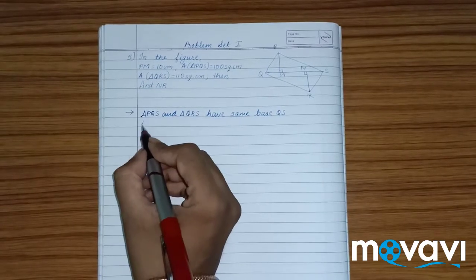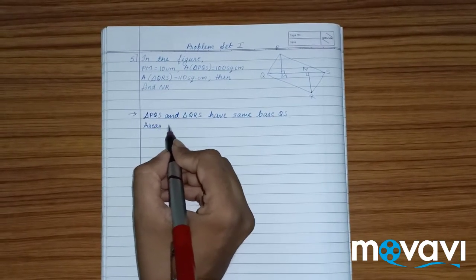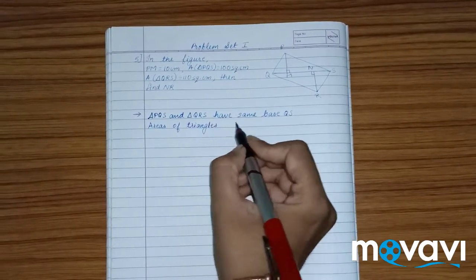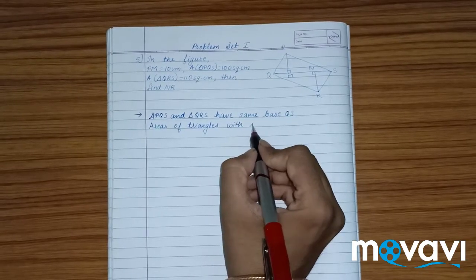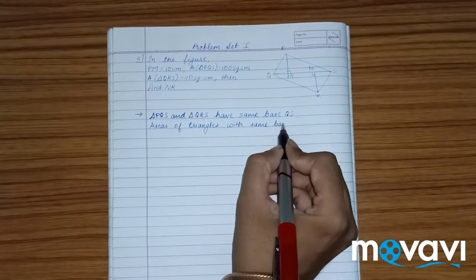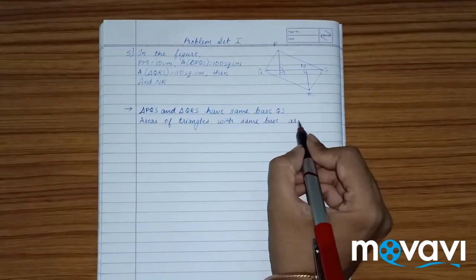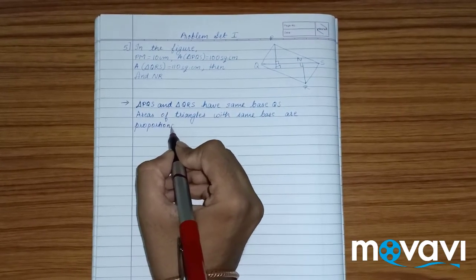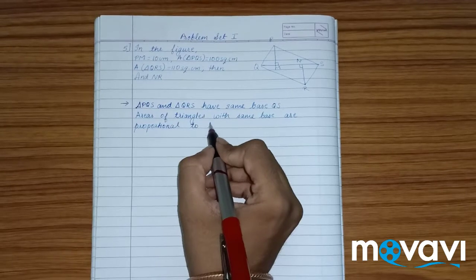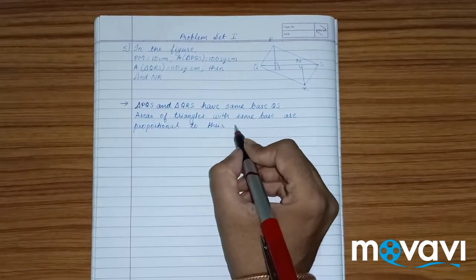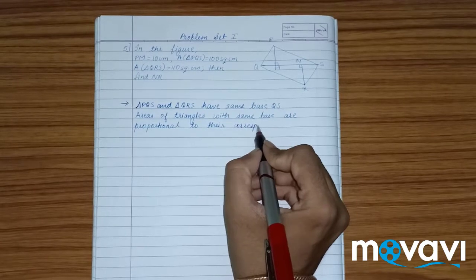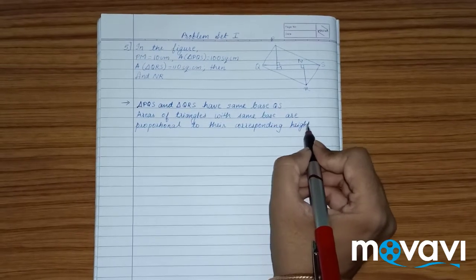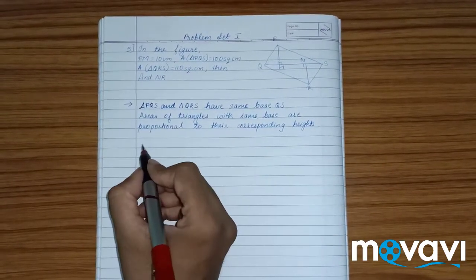Okay, now again, areas of triangles with same base are proportional, they are proportional to their corresponding heights. Okay, so this is the reason I am writing it first itself.